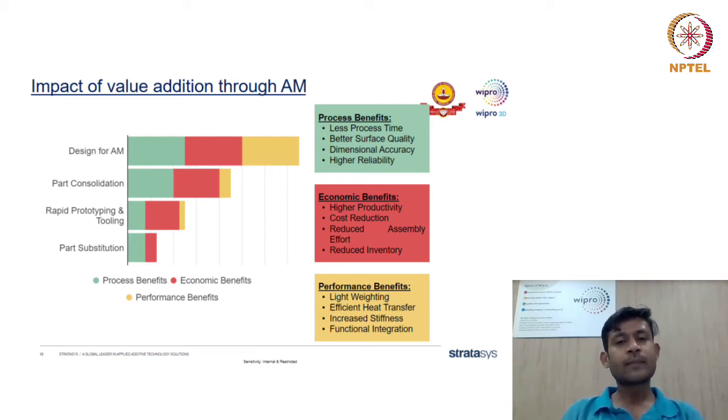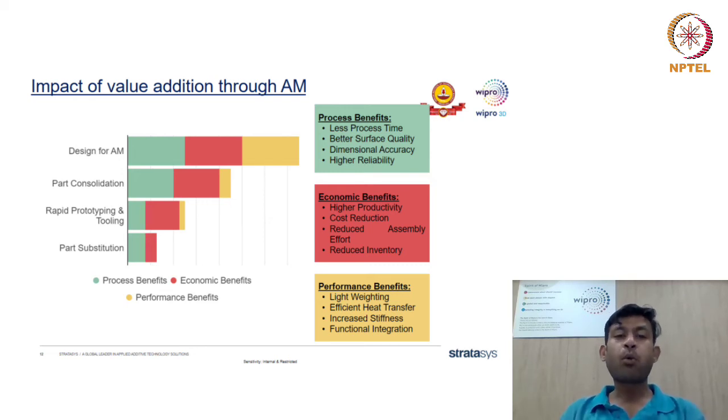As all of us know, surface quality is a very big limitation or challenge in additive manufacturing, especially when we are talking about powder bed fusion processes. Because of the nature of the powder particles being the feedstock, there is a bad surface quality which is inherent. Usually this lies in the range of 4 Ra to 20 Ra, 30 Ra. It can vary this widely.